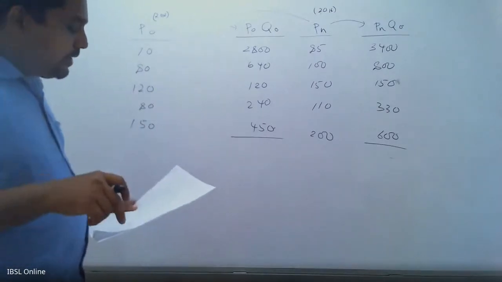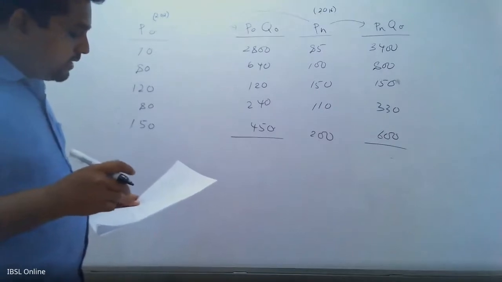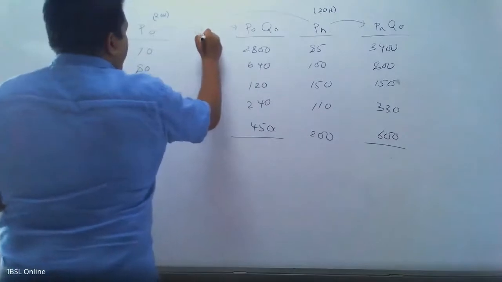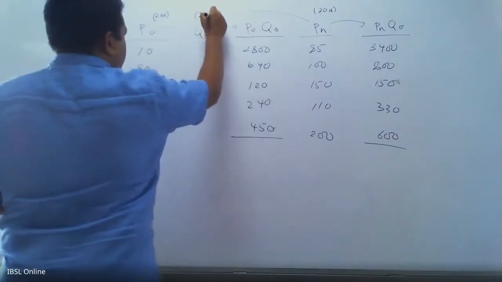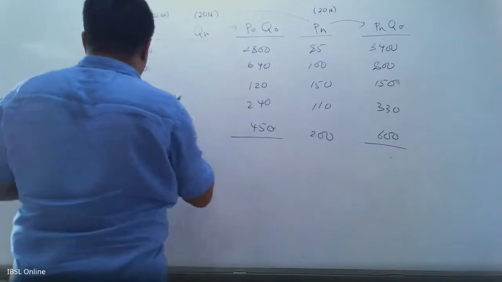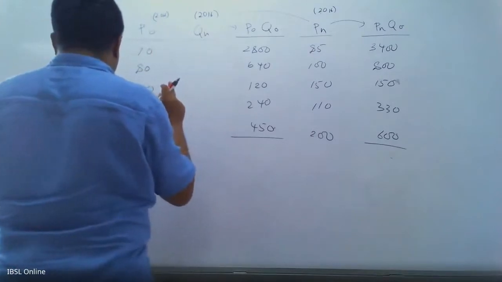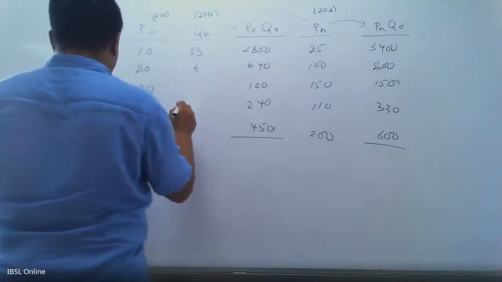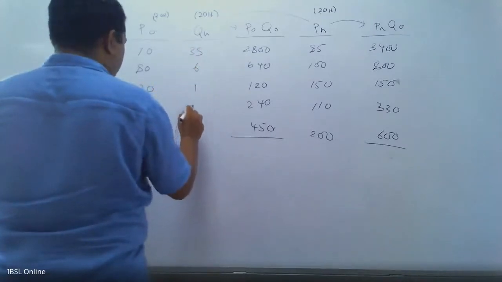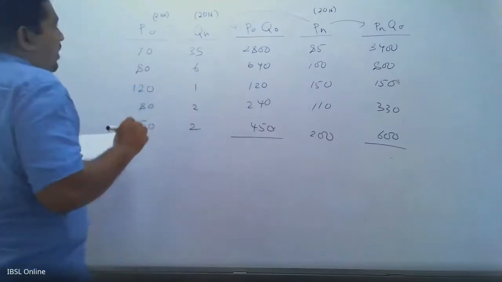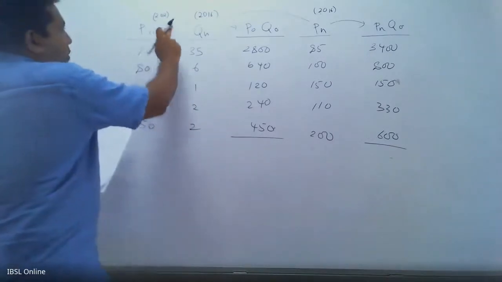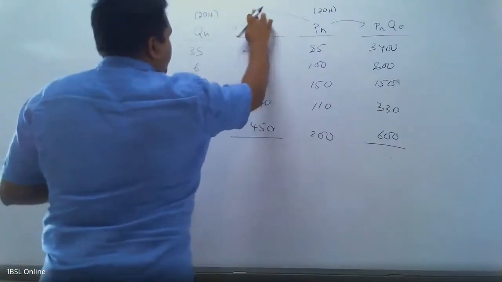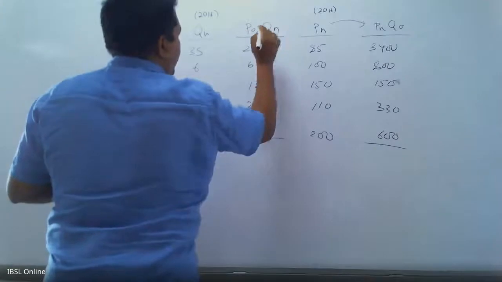So for the previous sum, 2016, let's take n as 16 and Qn I'm going to define for 2016. Okay, quantities in 2016, I had 35 and 6 here, 1, 2, and 2. Right. So similar to P0 and Q0 previously, now we are going to compute P0 into Qn.